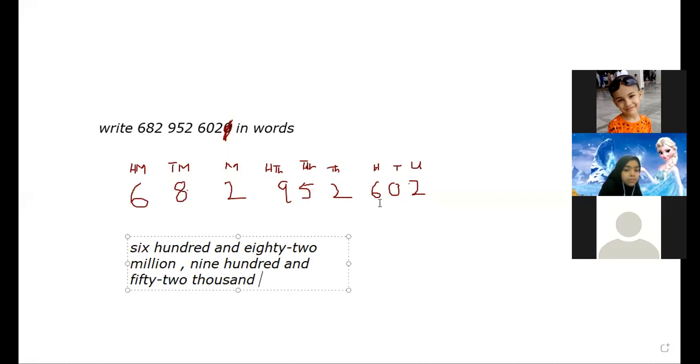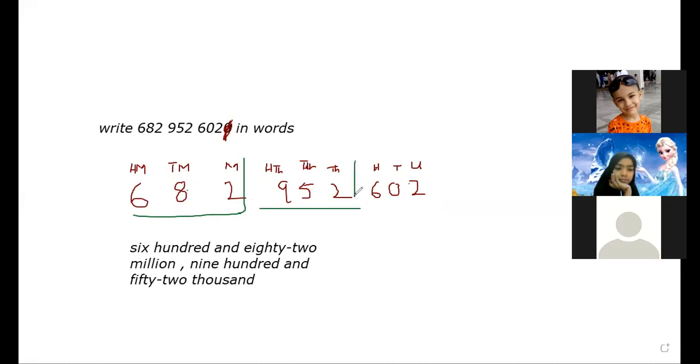Now come to the last three digits. First we deal with three digits that are about millions, and then the next three that are about thousand. I'm done with thousand. Now it's the turn of the last three digits, that is 100.